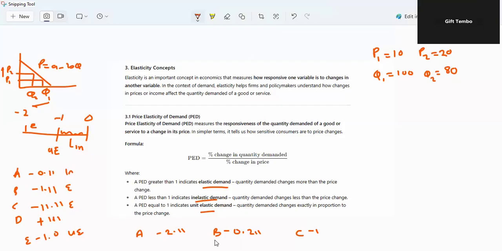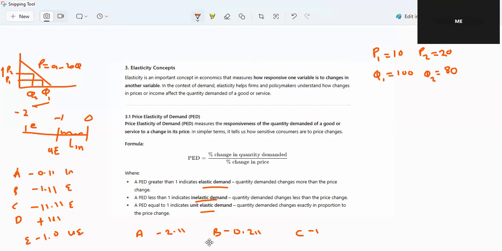B is inelastic. And then C is unit elastic. Correct. Okay. Are we together? Do you agree with him? Yes. And that is precisely so.